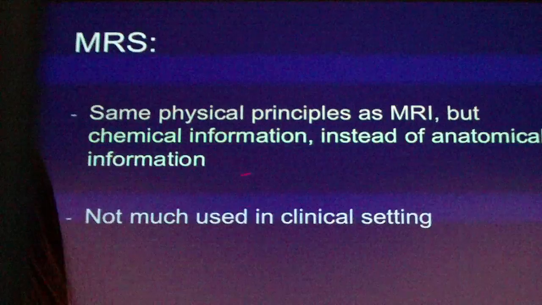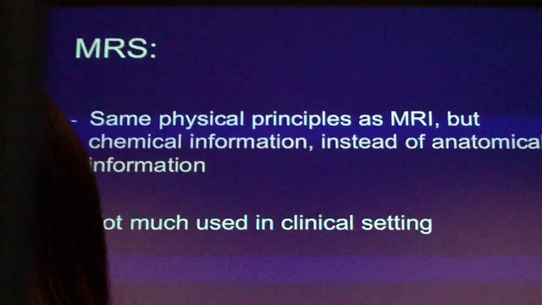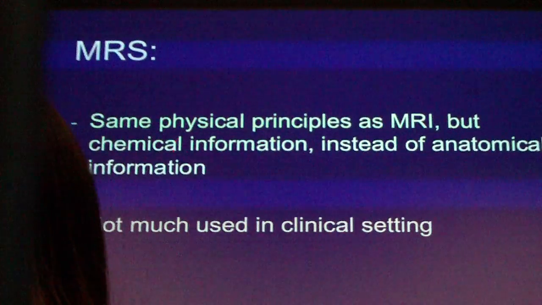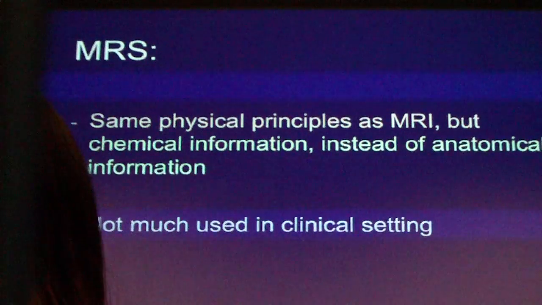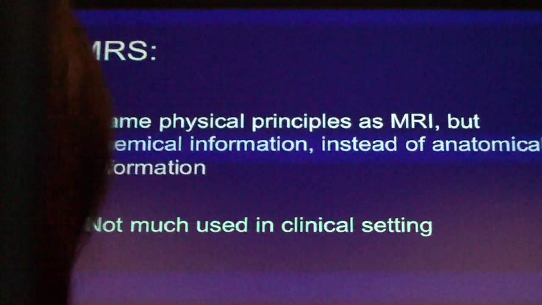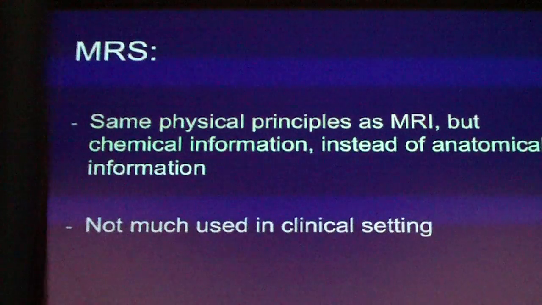For MRS, it is important to remember that it's the same physical principle as for MRI, but we can also get chemical information, so we're not limited to anatomical information. MRI is mainly using the characteristics of water in different tissues.